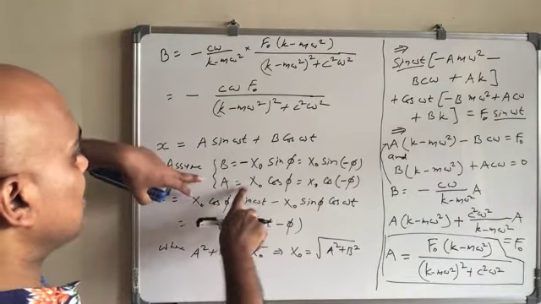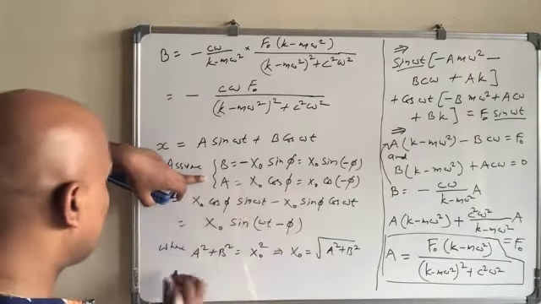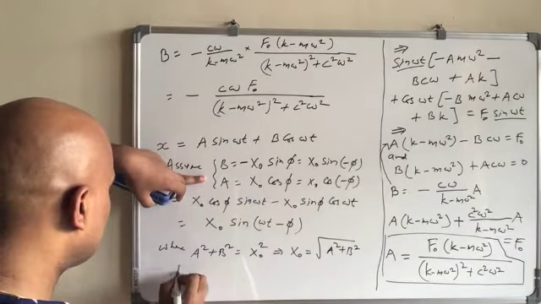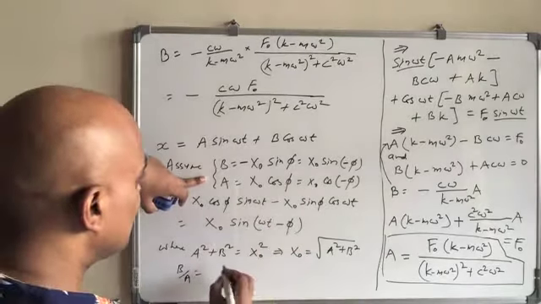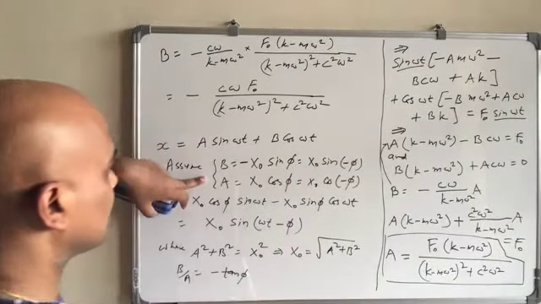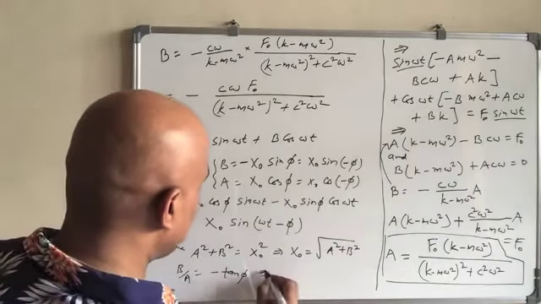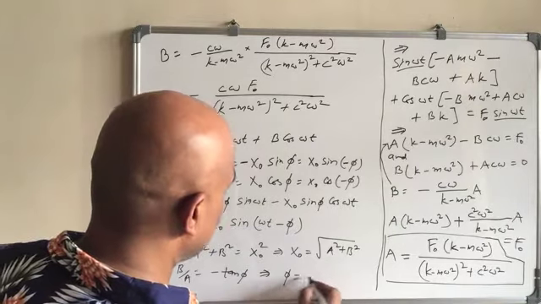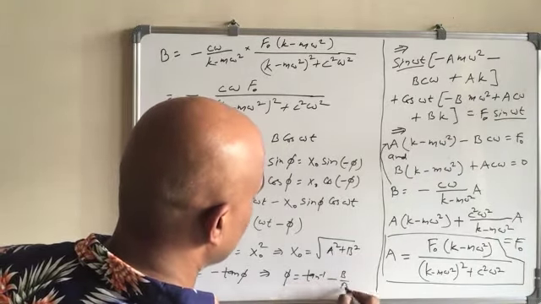And what else do we get from here? Dividing, b over a is equal to minus tan phi, right? Okay, and that really means phi will be equal to tan inverse of minus b over a.